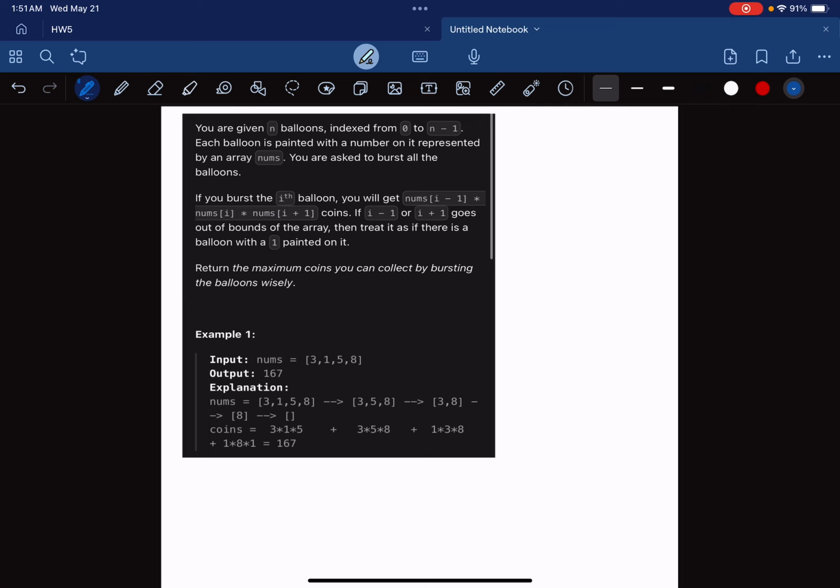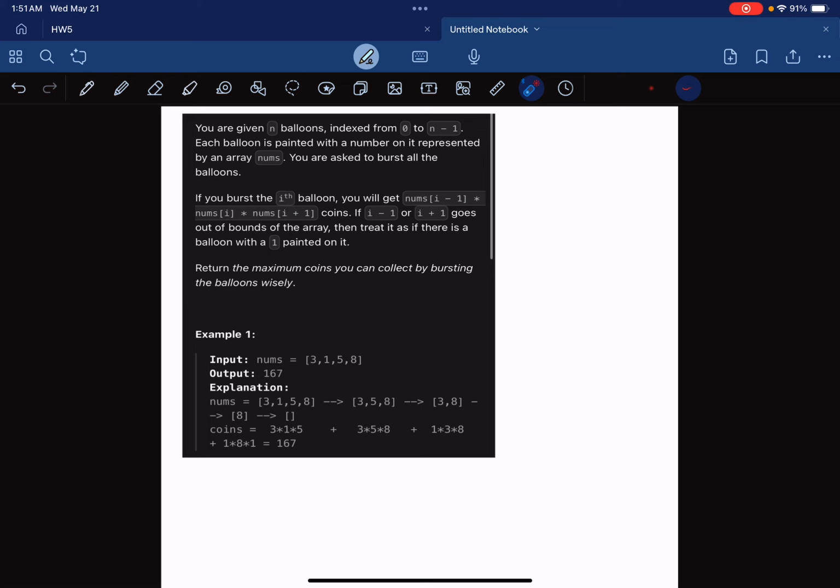So we're given a list of balloons, and we have to pop them one by one until all of them are gone. For each balloon that we pop, we get its value times the value after and times the value beforehand. And the beginning and the end we would treat as a 1 placed at the -1 or n+1 position.